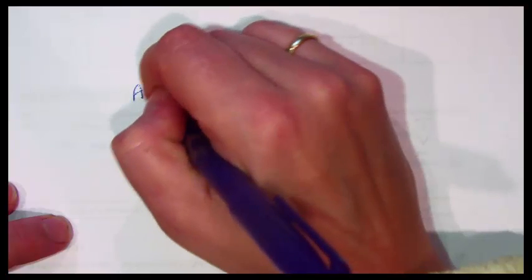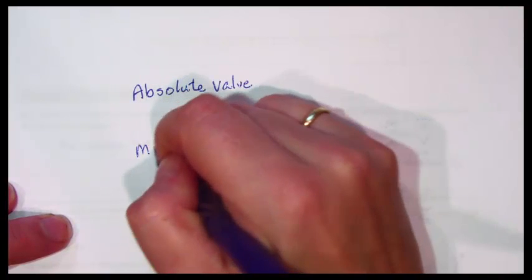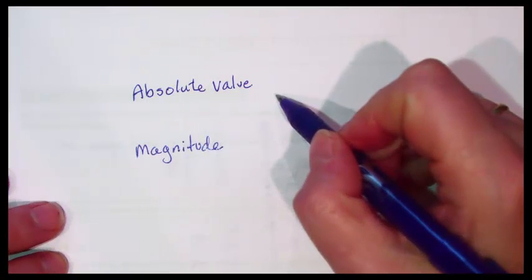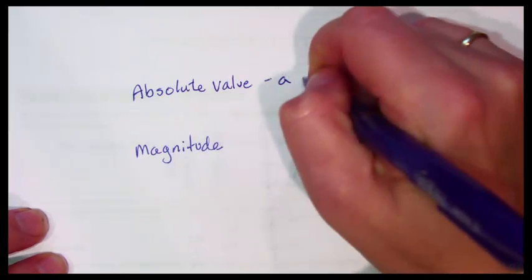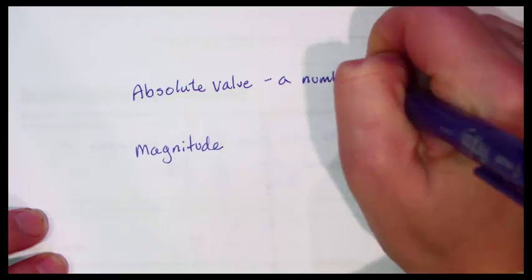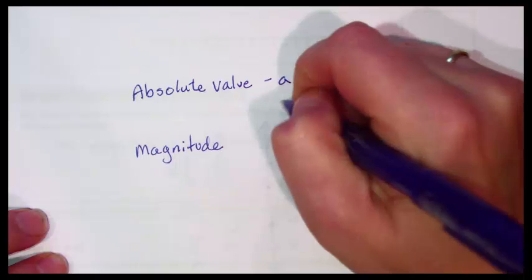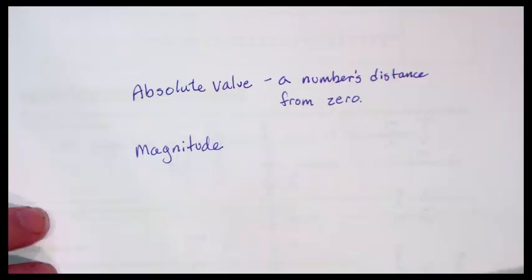In this lesson, we talked about two important concepts. We talked about absolute value and we talked about magnitude. Absolute value is a number's distance from 0. And remember, there are two numbers that have the same absolute value.